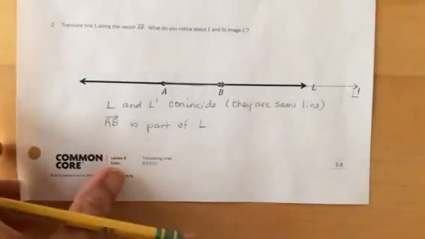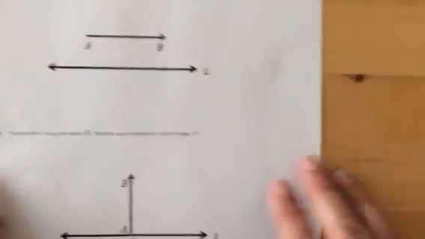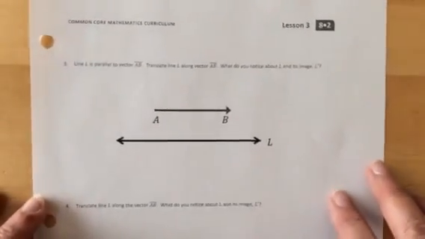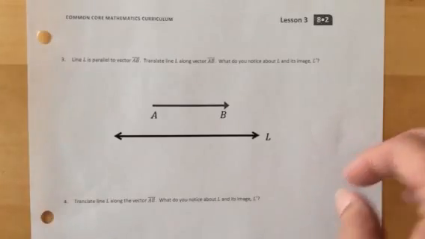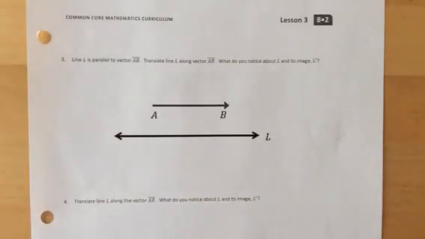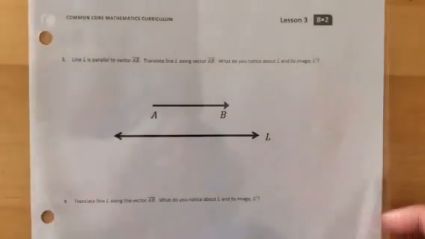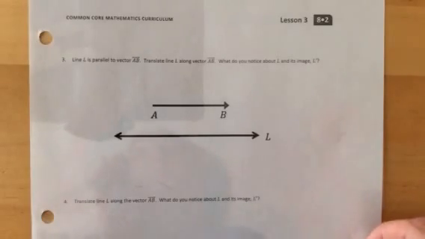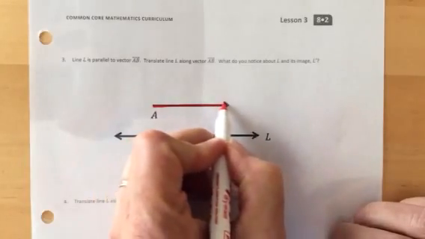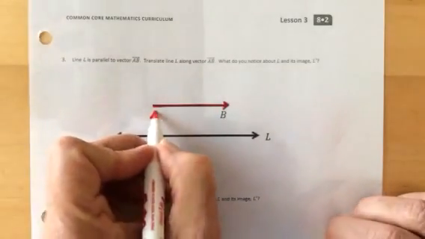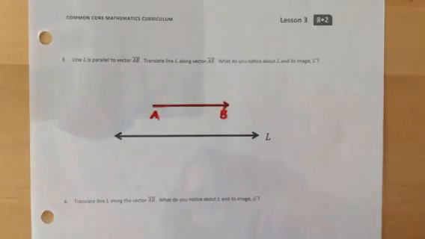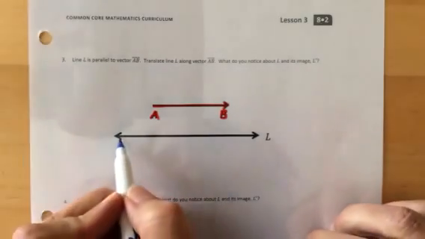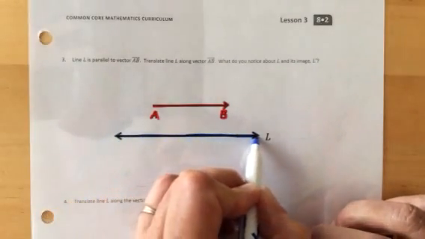Okay, so let's look at exercise 3 now. Exercise 3 is a different case. Here we're going to translate line L, but vector AB is not on the line; it is parallel to the line. So here's my vector AB, and the line that I want to translate is parallel to the vector.